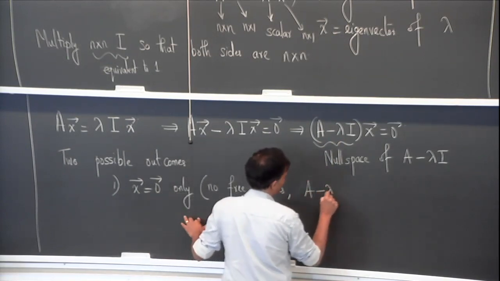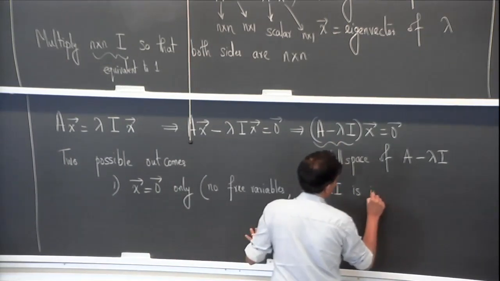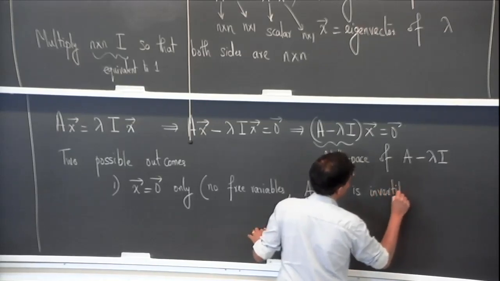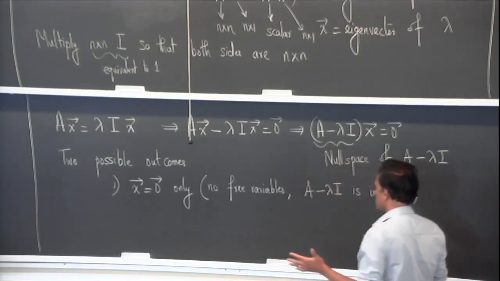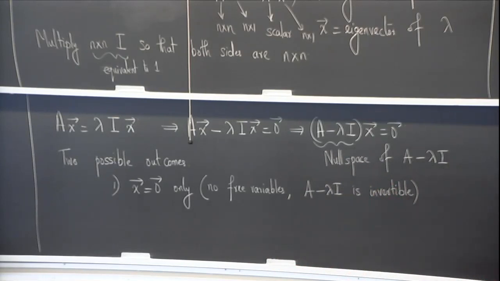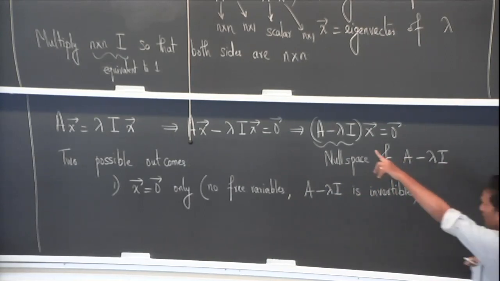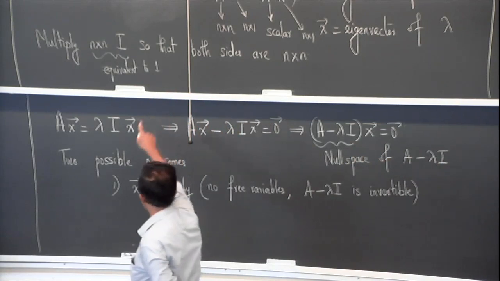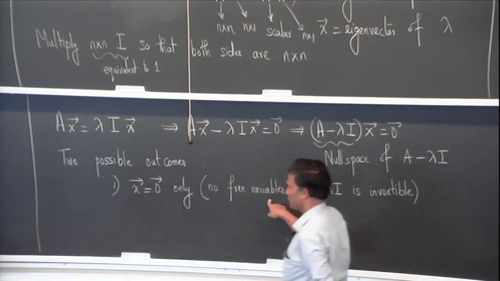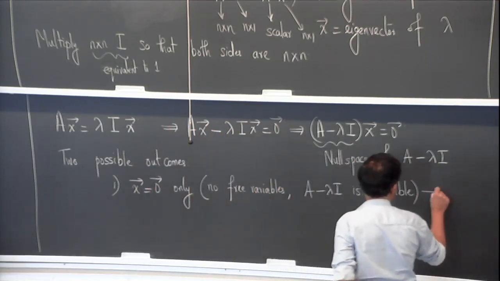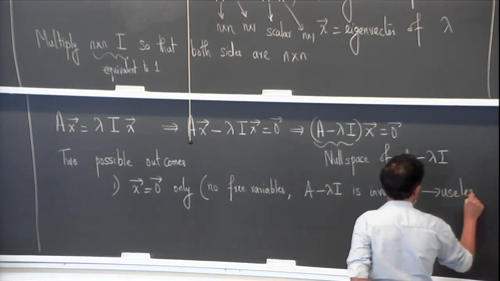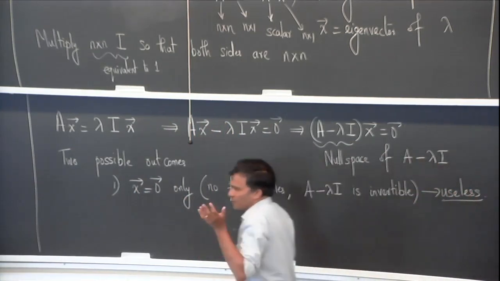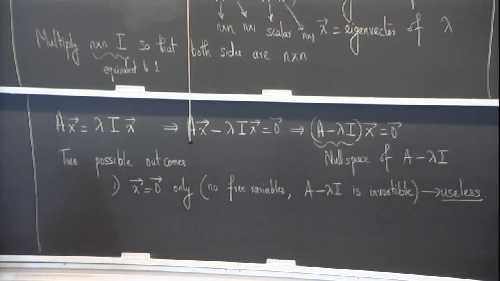So A minus lambda I is invertible. Now that sounds good in a typical problem, but then remember we are looking for a vector which is not equal to 0. By definition, the eigenvector should not be equal to 0, and if this is what you're getting, that is of no use. Okay. So this is useless. Because x equal to 0 is always a solution. There is no point in writing it as a solution by itself.